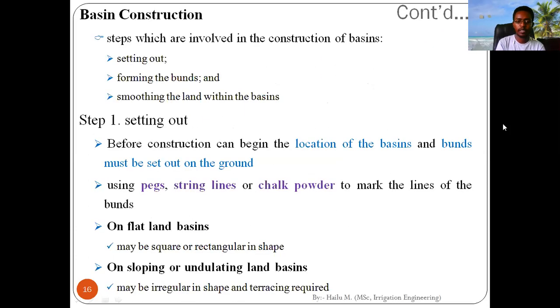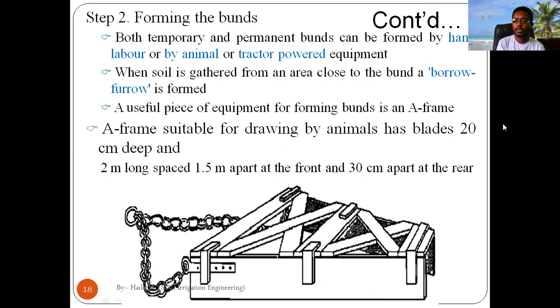Okay, in the second step, after setting out, we are going to form the bands. Both temporary and permanent bands can be formed by hand labor or by animal or tractor powered equipment. When soil is gathered from an area close to the band, a borrow furrow is formed. A useful piece of equipment for forming bands is an A-frame.